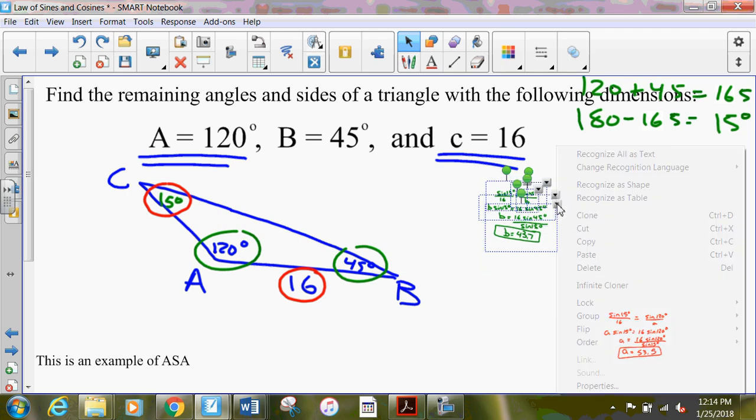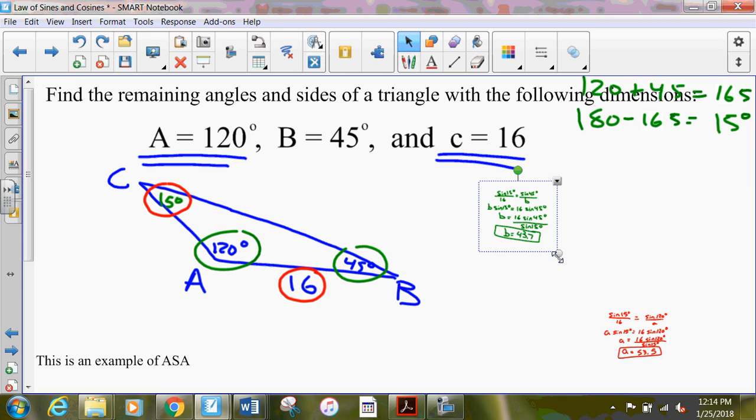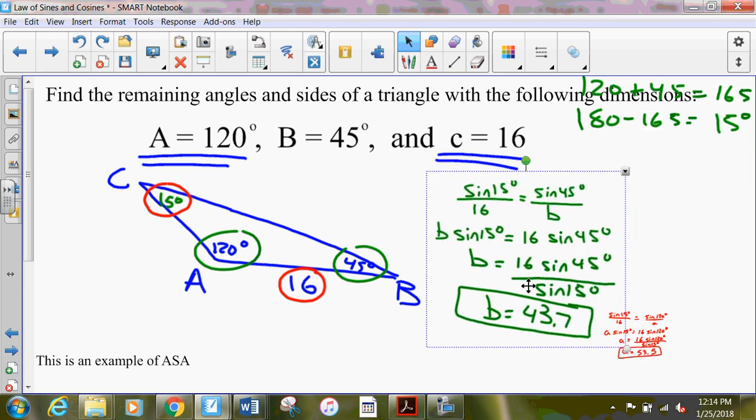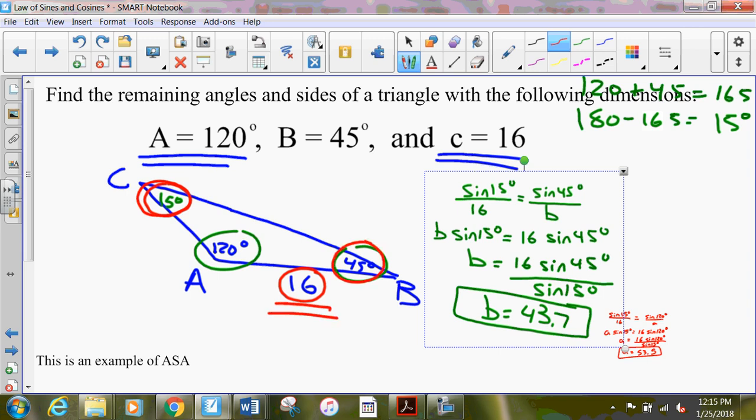I'm going to have to walk over to the computer. So I just went ahead and kept the work so that I could make the video just a little bit shorter. Now we set up our law of sines, right? We say that sine of 15 is to 16 as sine of 45 is to this side B.